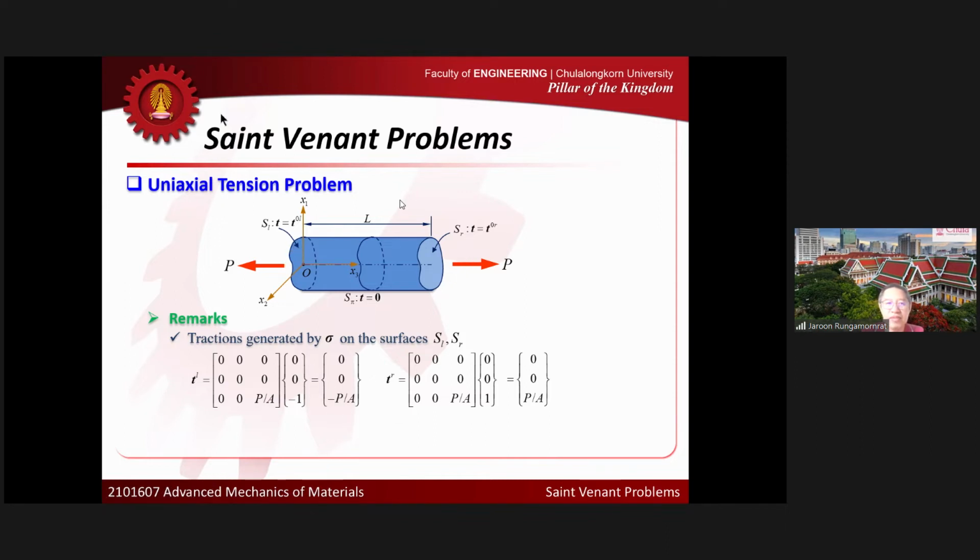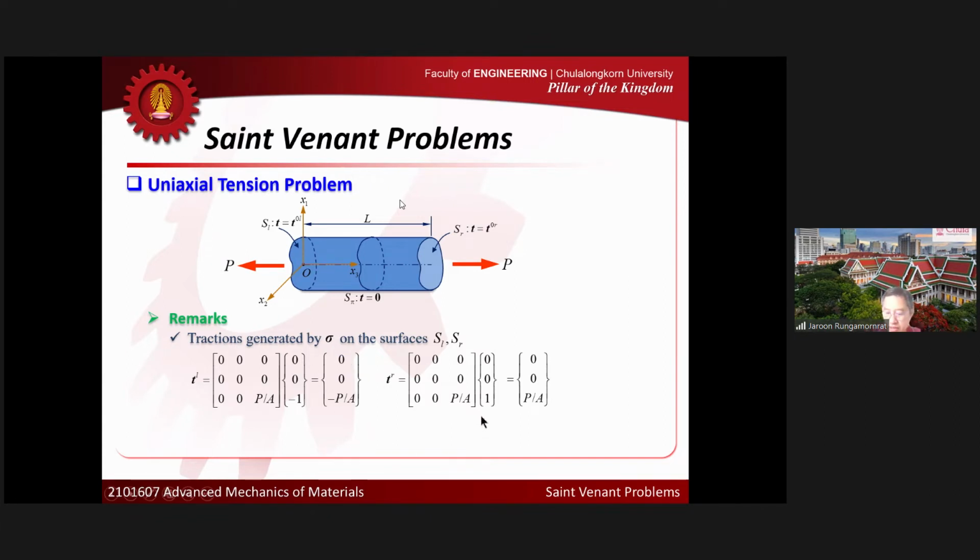So what does it mean? If you look at this special form of the traction, this is the one generated by the solution that we got before. So what does this imply?